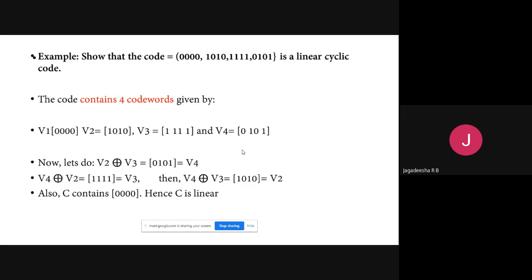So even if we add any of these components, V1 plus V2 or V2 plus V4, V3 plus V1 or anything, you get a new sequence. That new sequence already exists in the given set of codes, right? So C is linear. Addition of two codes gives a new code word, and that new code word can be mapped to the original set of code words. That is called linear.